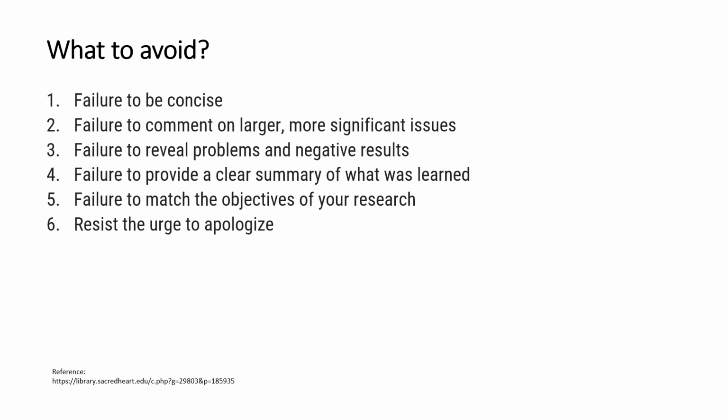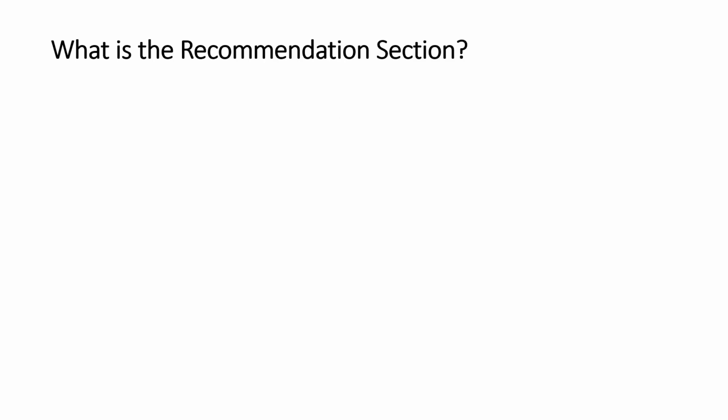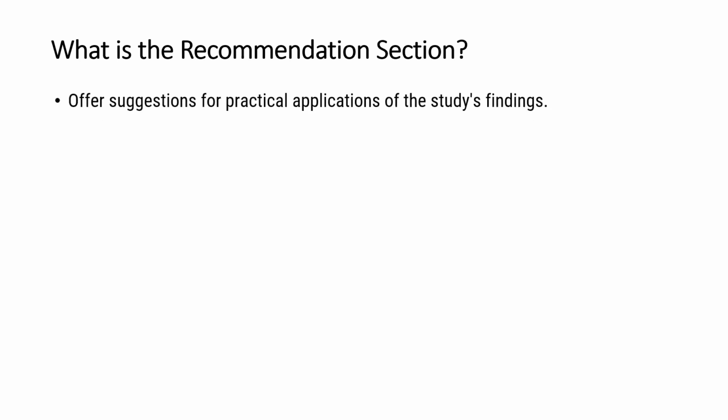So now that we've learned how to structure, how to write, and what to avoid in your conclusion section, moving now to the recommendation section. The recommendation section is where you offer suggestions for practical application of the study's findings.